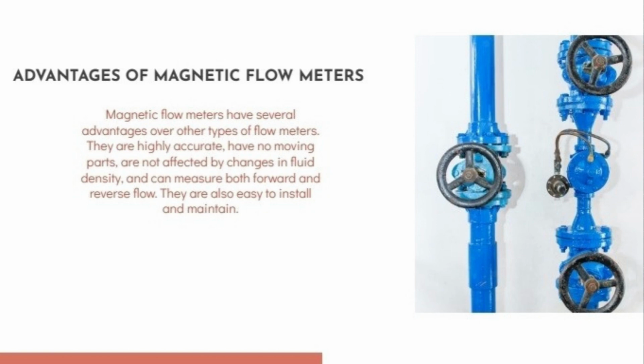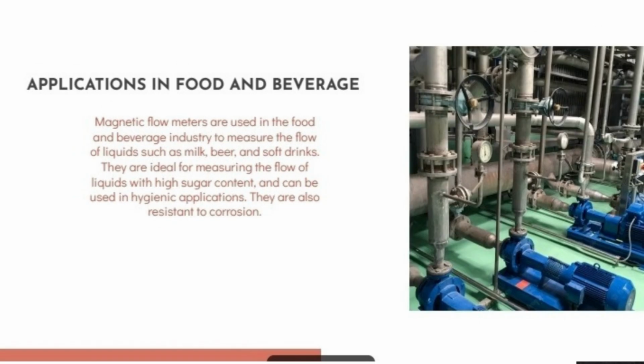When we discuss the construction, the magnetic flow meter consists of an electrically insulated or non-conducting pipe such as fiberglass, with a pair of electrodes mounted opposite to each other and flush with the inside wall of the pipe, and with the magnetic coil mounted around the pipe so that the magnetic field is generated in a plane mutually perpendicular to the axis of the flow meter body and to the plane of the electrodes.